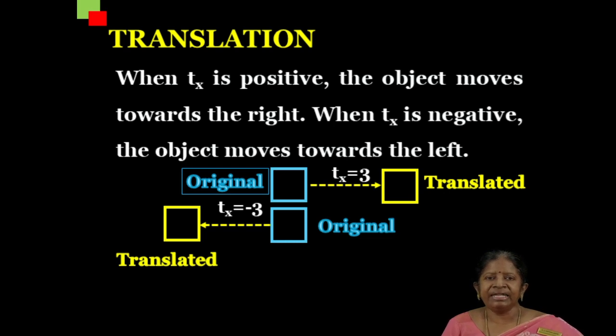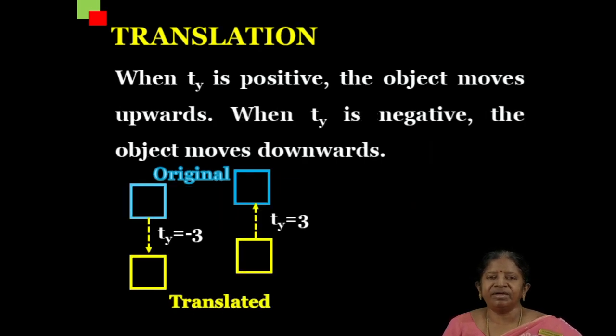Depending upon the Tx value, say when Tx is equal to 3, we are moving the object towards the right, and when Tx is equal to minus 3, we are moving the object towards the left. Then when we change the Ty value, it will move the object upwards or downwards depending on the sign of Ty.